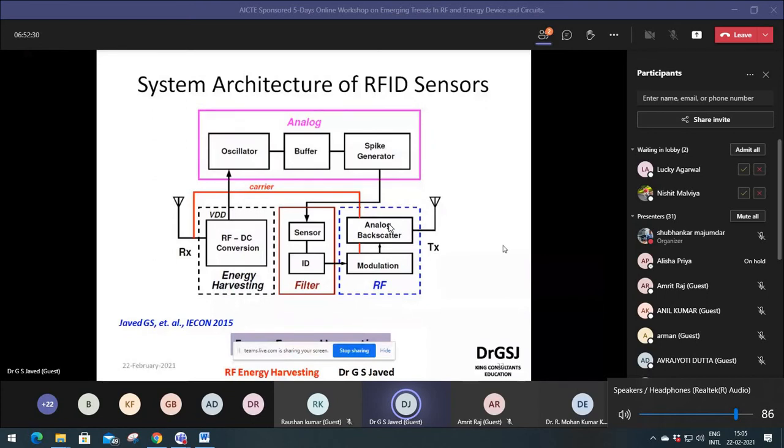This power supply block supplies power to the analog block, which contained an oscillator, a buffer, and a spike generator. The spike generator was used to create a filter, where the filter had sensor information and the ID information, and these were sent to the RF modulation block, and through backscatter they were sent out.